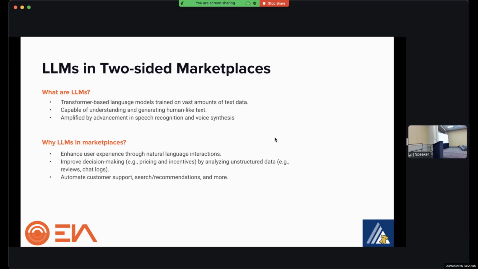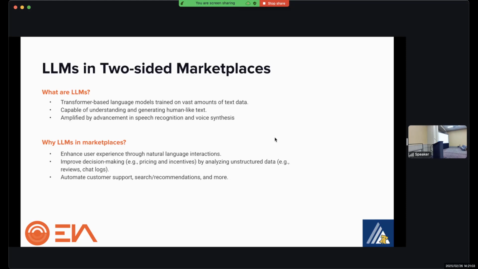And large language models are also able to improve decision making, for example, pricing and incentives, by helping us analyze unstructured data, such as reviews and chat logs, right?